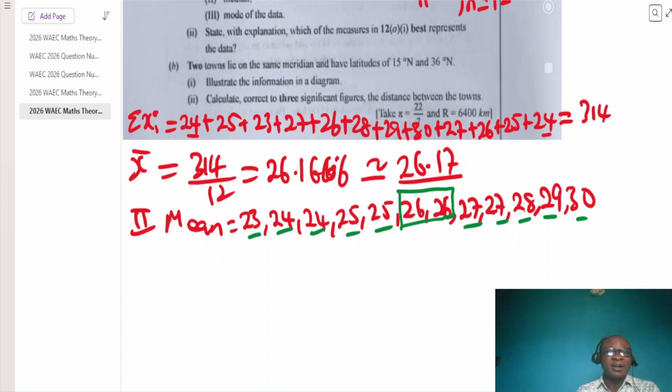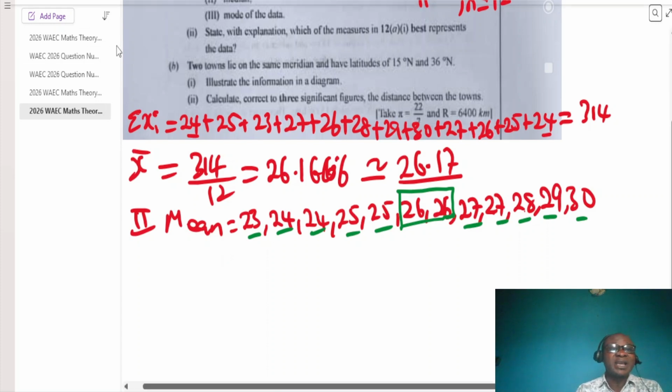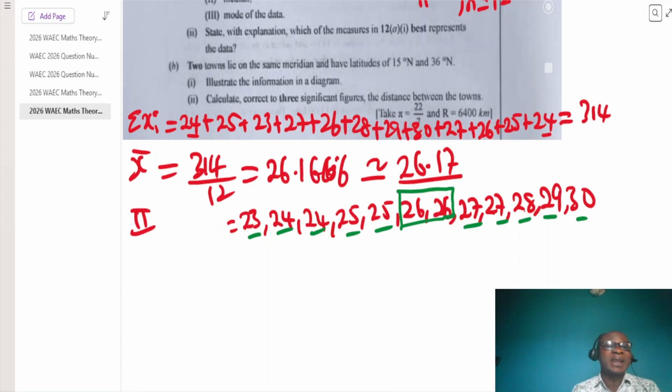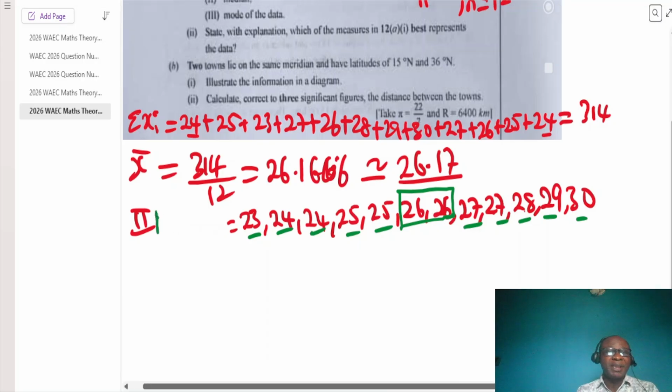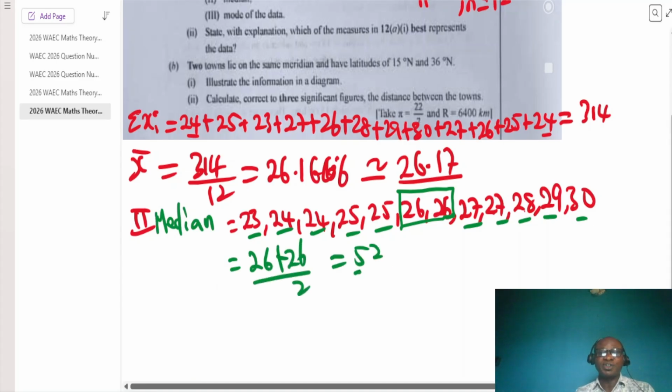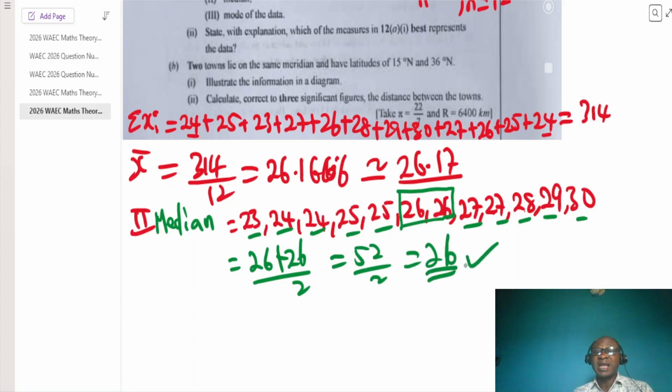I beg your pardon, I meant to write median here, not mean, because we have found the mean in I1. So this is the median that we are looking for. Therefore, the median is going to be 26 plus 26 divided by 2, which is 52 divided by 2, and that is going to be 26. So this is the answer to question I2.